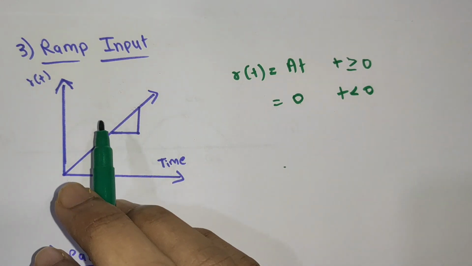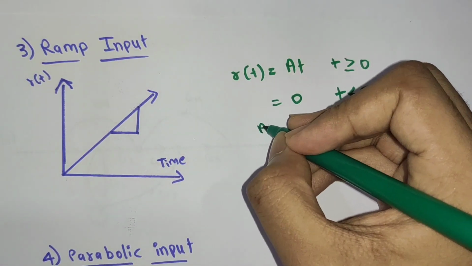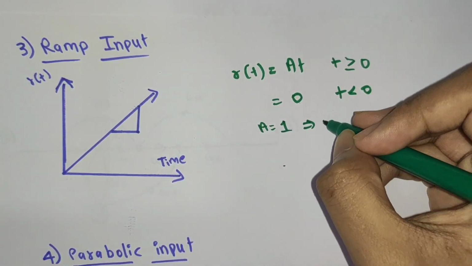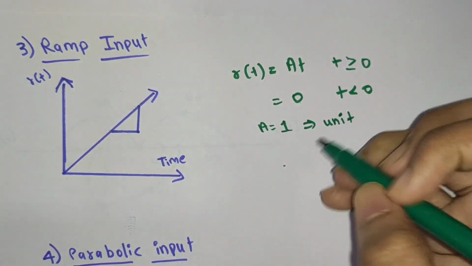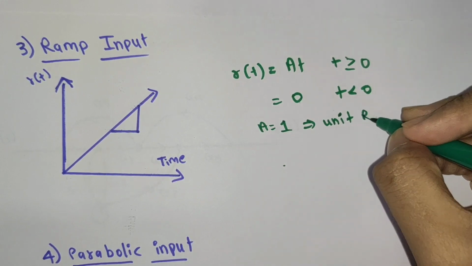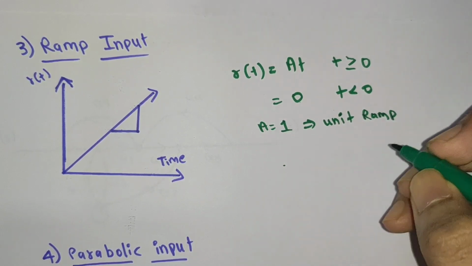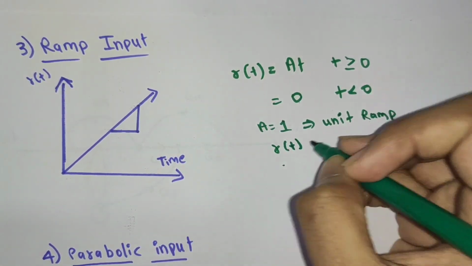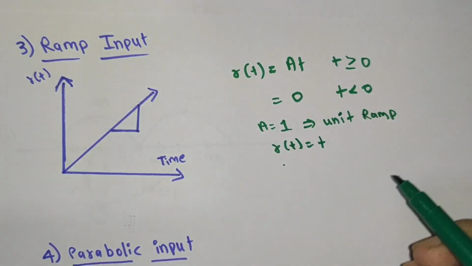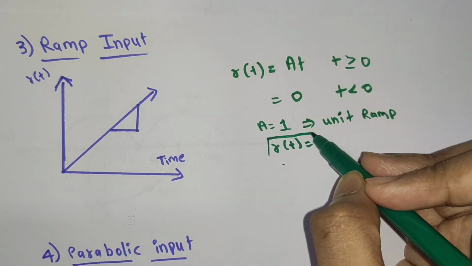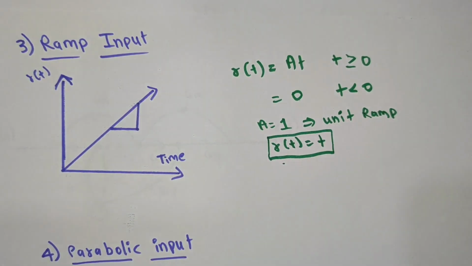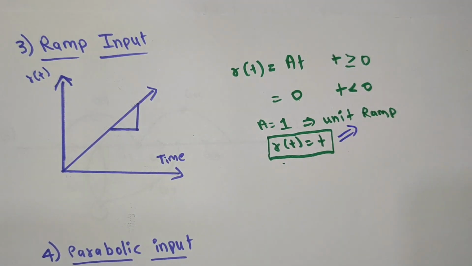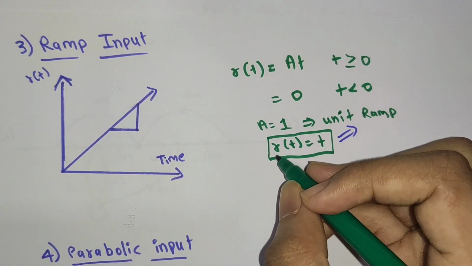Now when you substitute a equals 1, it is called a unit ramp, and so the value of r(t) will be equal to t for this unit ramp. And now we can find the Laplace as well.